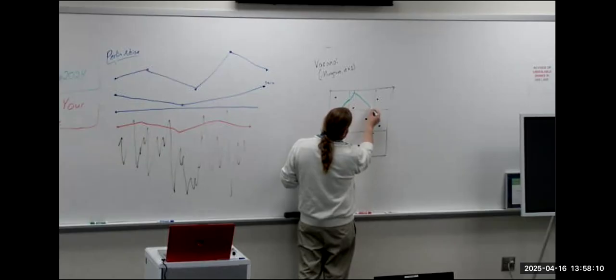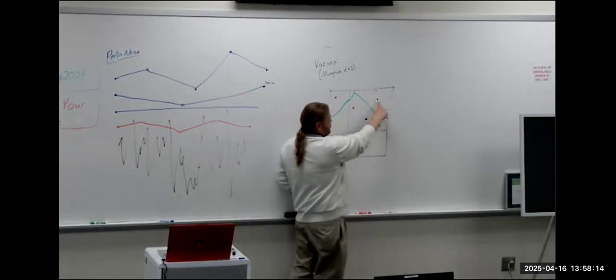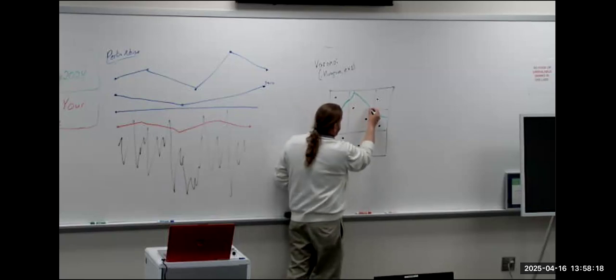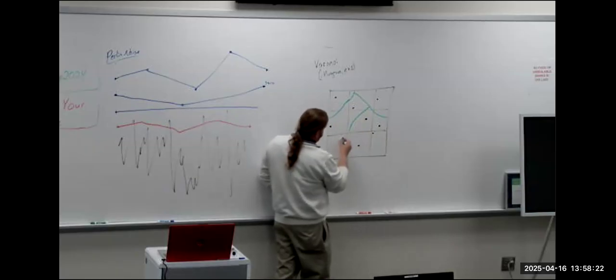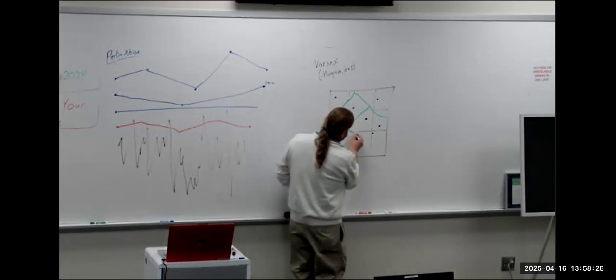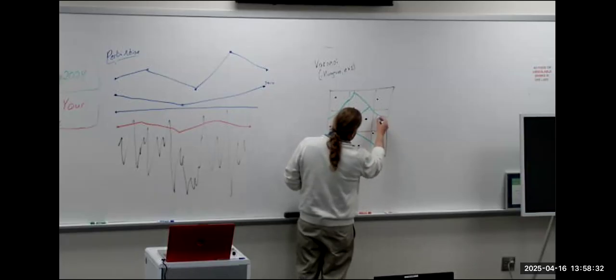Somewhere up here. And everything in this area is closest to this point. Everything in this area will be closest to this point. Looks like there's another one splitting those in half.